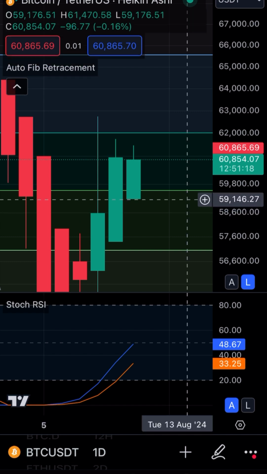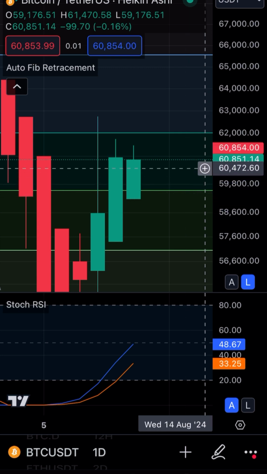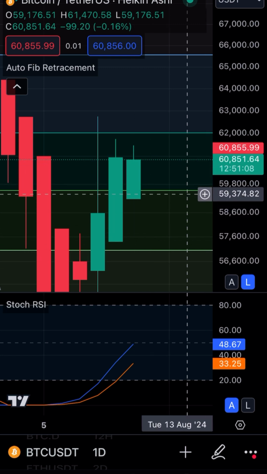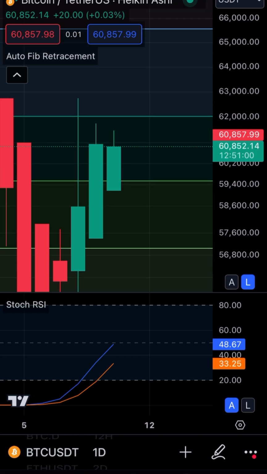Now when you start seeing a wick on the bottom, that means bullish. It's kind of hard to explain, but when you see a full candle right here, with no wick on the top and no wick on the bottom on the day, that is a bullish sign. That is a bullish sign that it's going up.